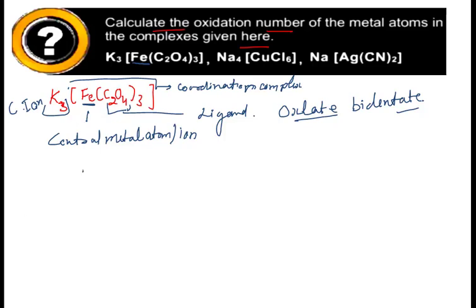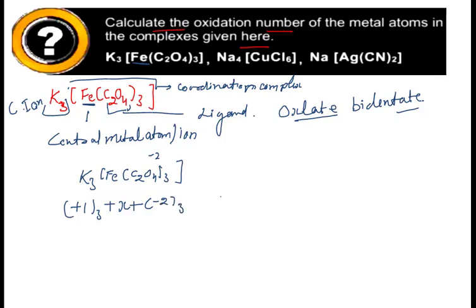Again, I am starting with the same K3[Fe(C2O4)3], right? So how? First of all, it's potassium. Potassium has +1, 3 times, plus X for iron, and then what about this species? It carries -2, right? Oxalato. So -2, how many times?